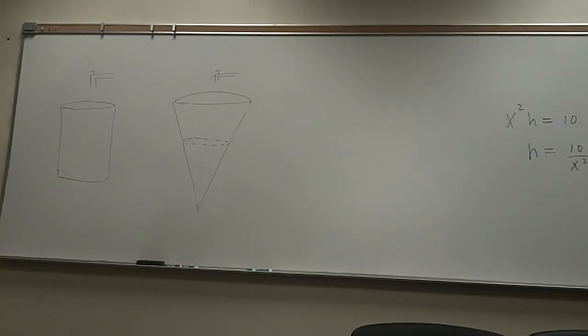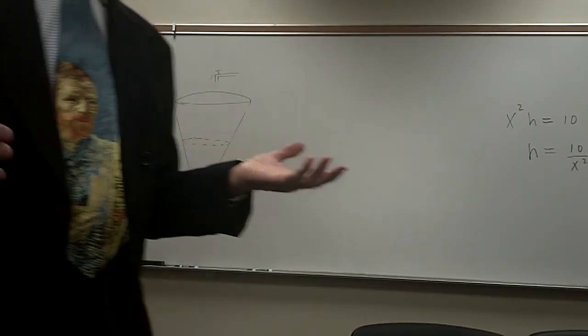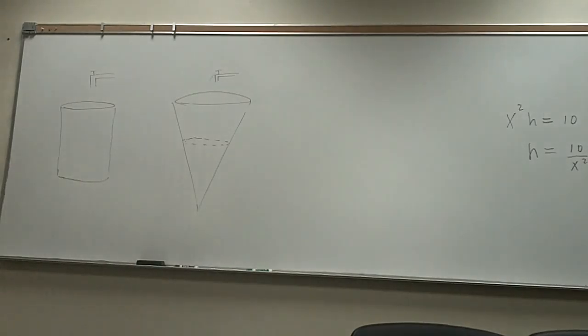What else is happening? The height of the water is increasing. What else is happening? The volume is increasing? We've already said that. You weren't listening. What else is happening to my ice cream cone?